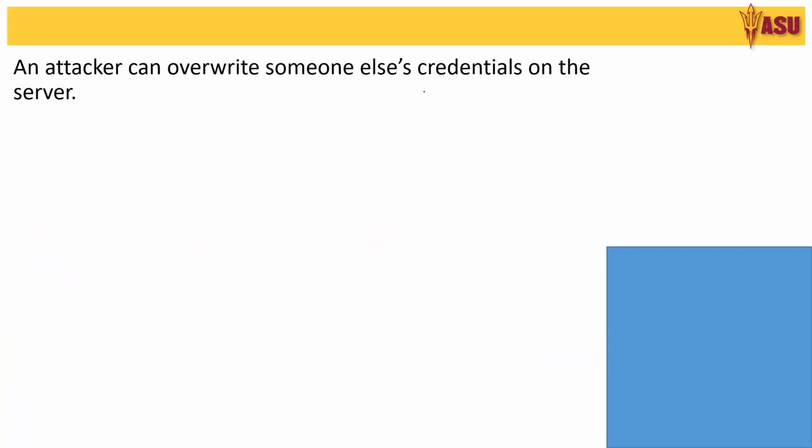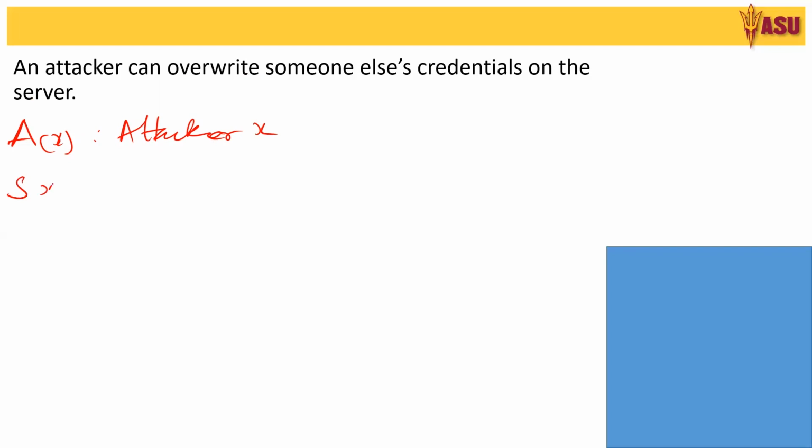Another example: an attacker can overwrite someone else's credentials on the server. Again, we have an attacker, A of X, attacker X. These are the predicates that we are defining.